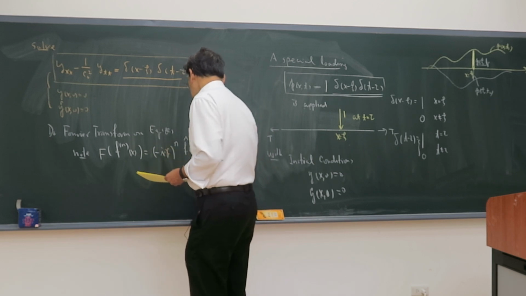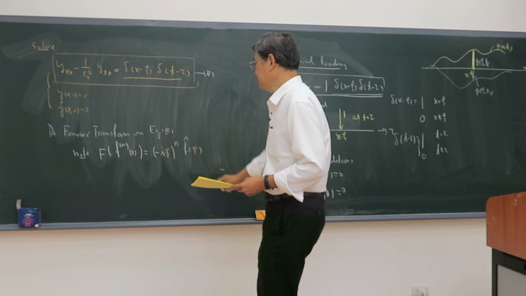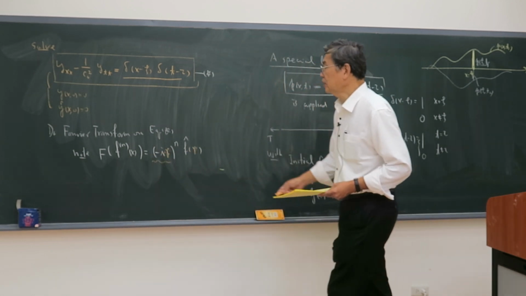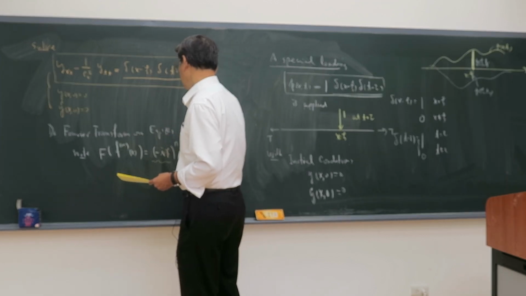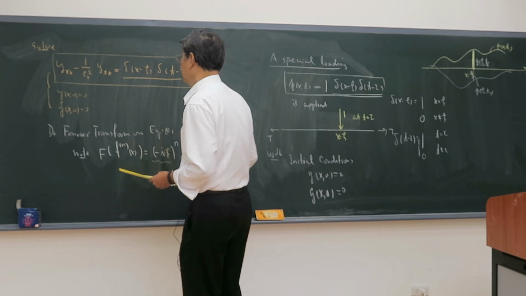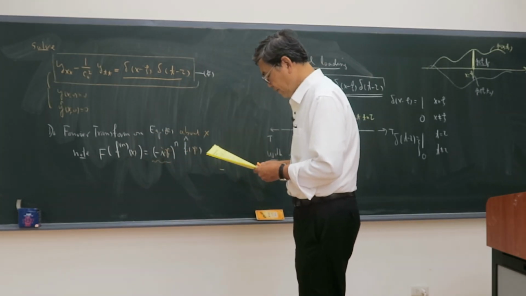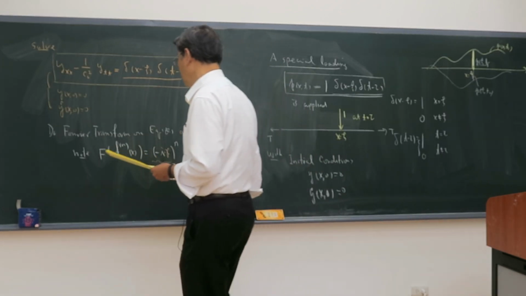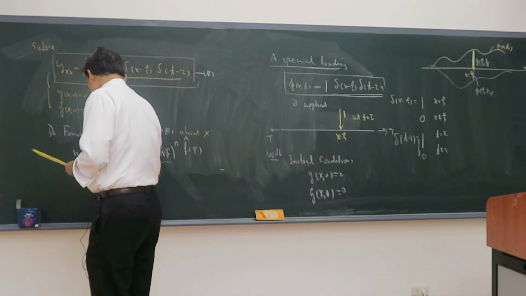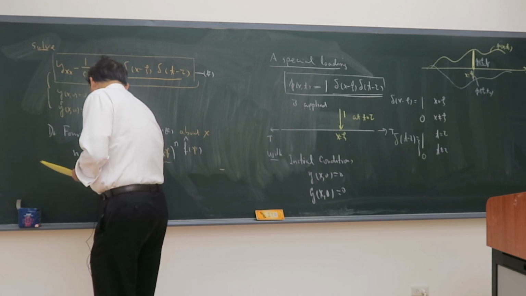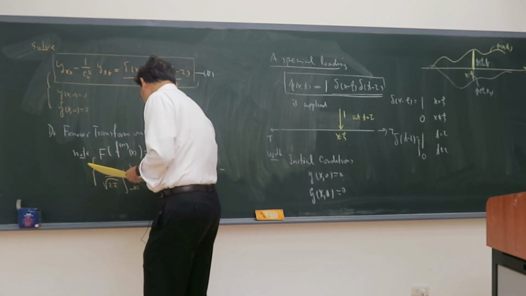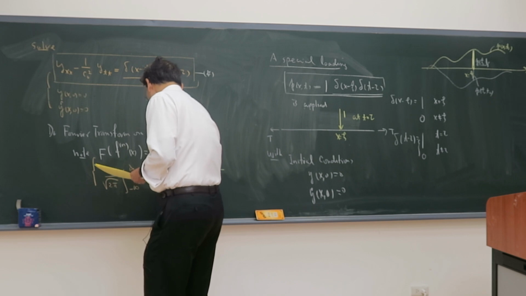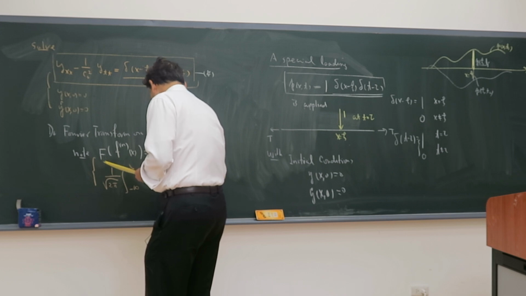Note this, because here we focus on the equation about x, so we change the x variable. We also know the integration of 1 over square root of 2 pi, from minus infinity to infinity, of delta of x minus c times e to the i gamma x dx.